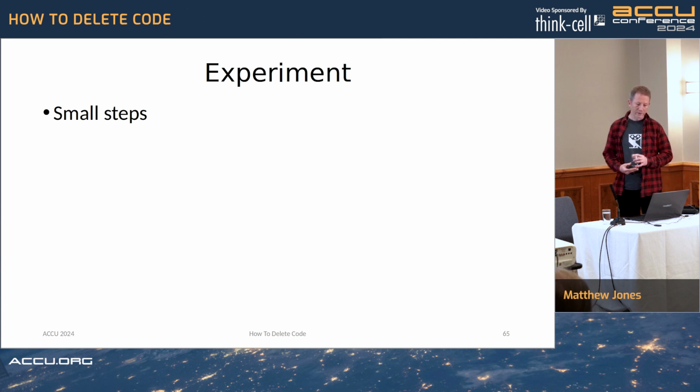So when you're investigating, obviously take small steps. If you're trying to remove code, go slowly. Don't set out with the target of, oh, I'm going to remove this entire feature, because it will go wrong.